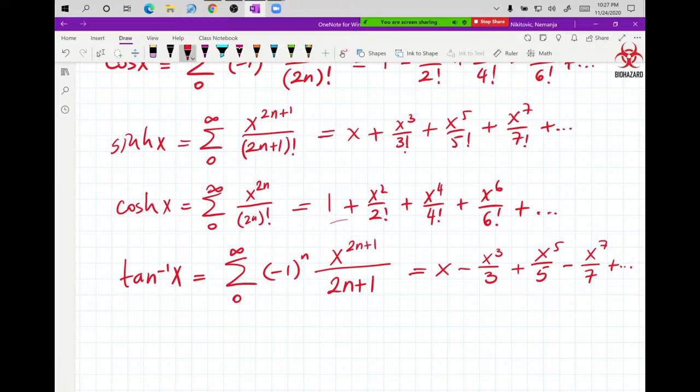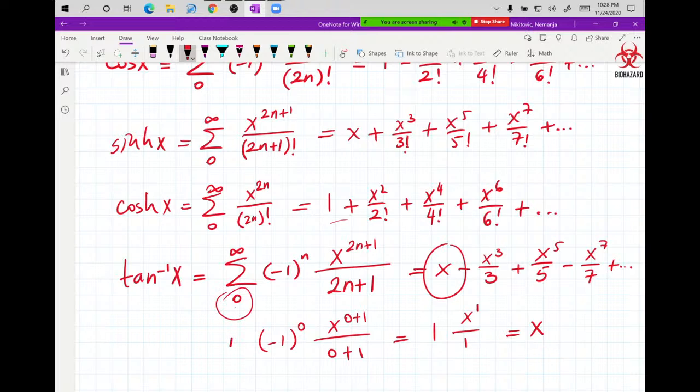And you achieve that just by plugging in. First time around, you plug in 0 in the whole thing. That's negative 1 to the 0, x to the 0 plus 1 over 0 plus 1. And when you compute all of that, you get 1, and then you get x to the first power and 1. So the whole thing is x, and that's how you got your first term. Then the next time around, the counter becomes 1.